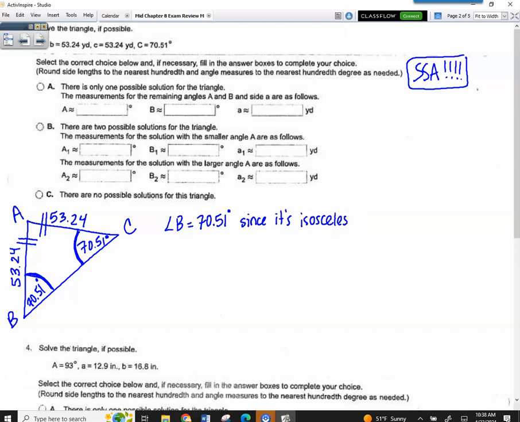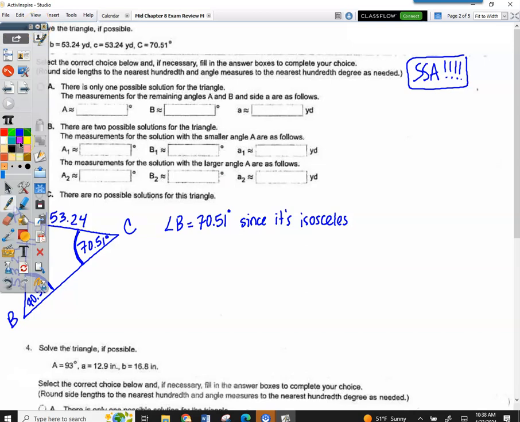Now, you have to remember that, because it was an irate customer, we found that angle easily, but we still have to check is there a possibility of a second answer. So this is where we change colors and say to ourselves, okay, if that angle 70.51 was actually over here, what would the obtuse angle be for that reference angle?